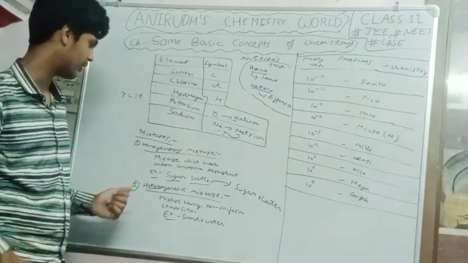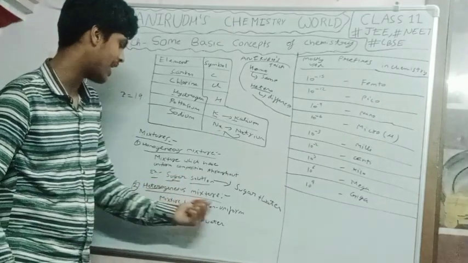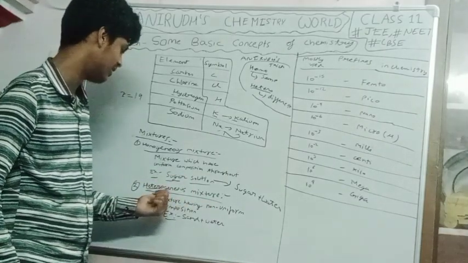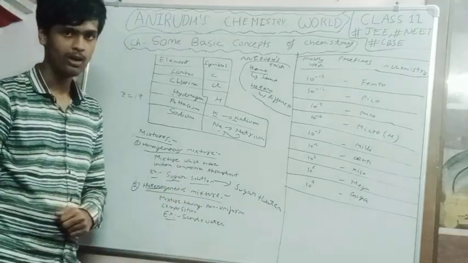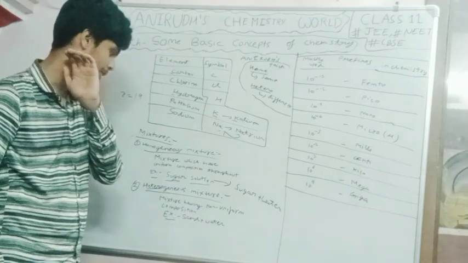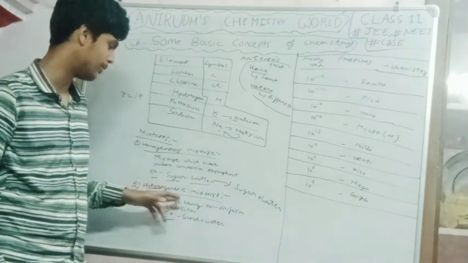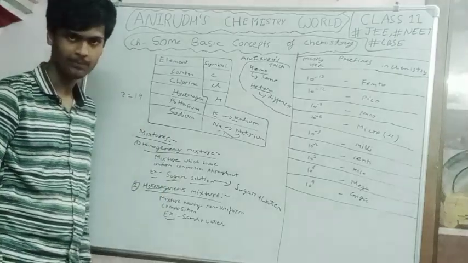Now, heterogeneous mixture. Hetero means different. A heterogeneous mixture is a mixture having non-uniform composition, where the mixture is not uniform. A mixture having non-uniform composition is called a heterogeneous mixture.